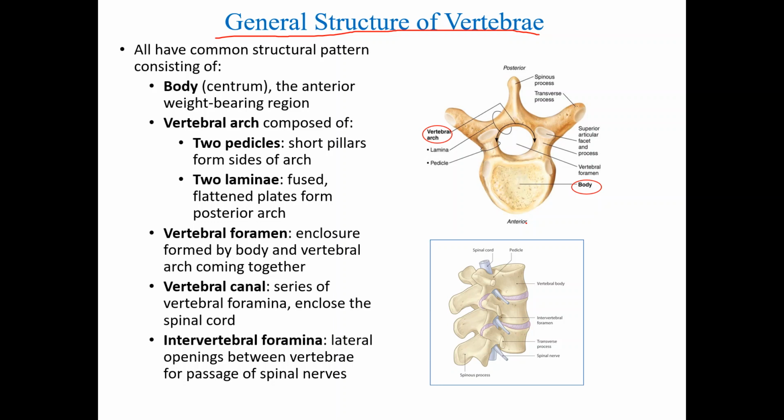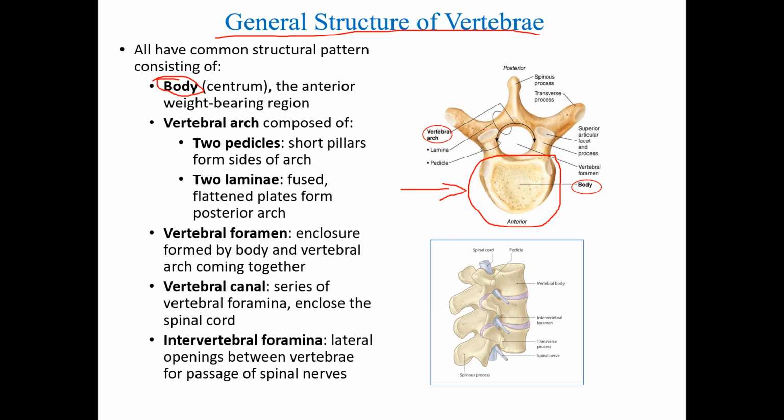All right, so let's identify the various portions of a vertebra. First of all, we have a massive body. There are a couple of exceptions of vertebrae that don't have a real body, and we're going to see which ones they are. So this is the anterior weight-bearing region.